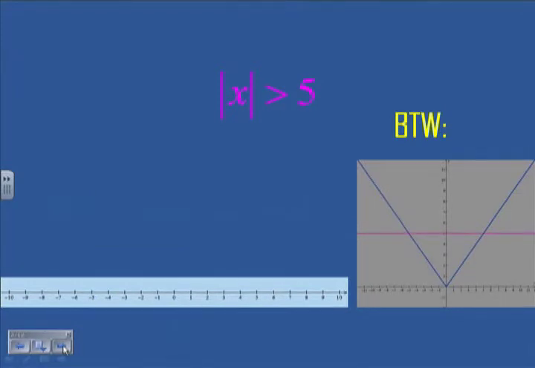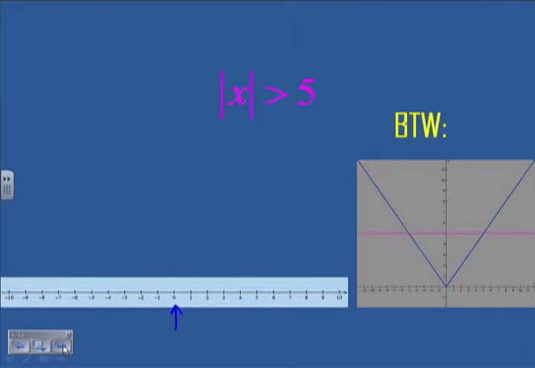Now, if we continue on, I'd like to know for what numbers x will the absolute value of x be greater than 5? Now remember what absolute value means. Absolute value means its distance away from 0 on the number line. So here's my 0, and I need their distance away to be greater than 5.